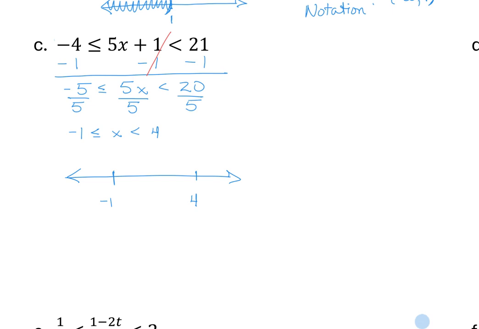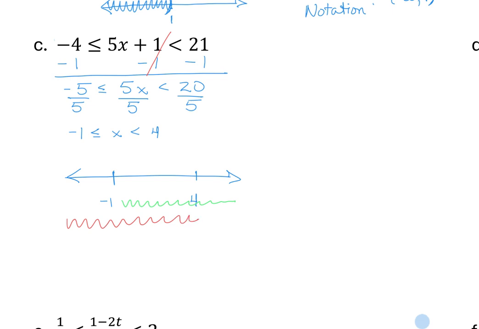And the numbers that are less than 4, so this is the left side of our statement, are the ones that are to the left of 4.